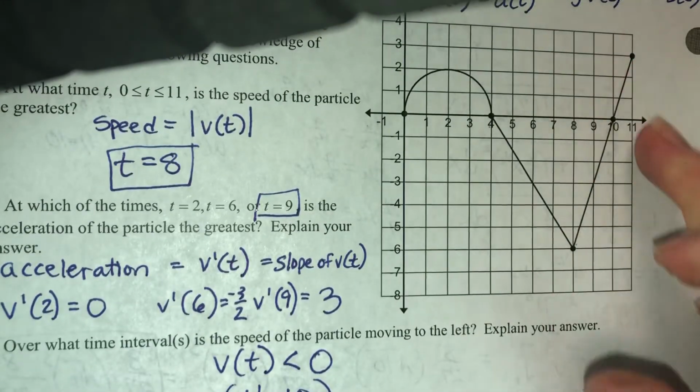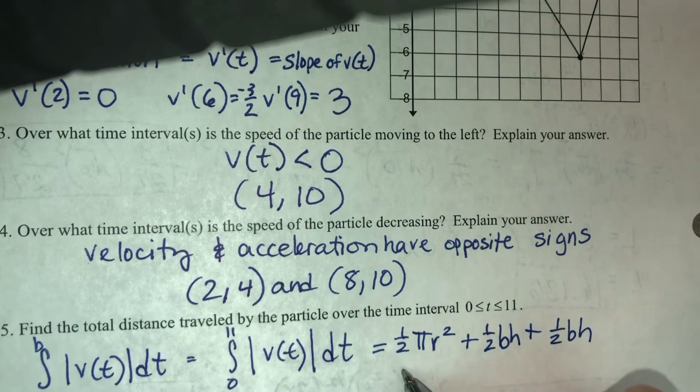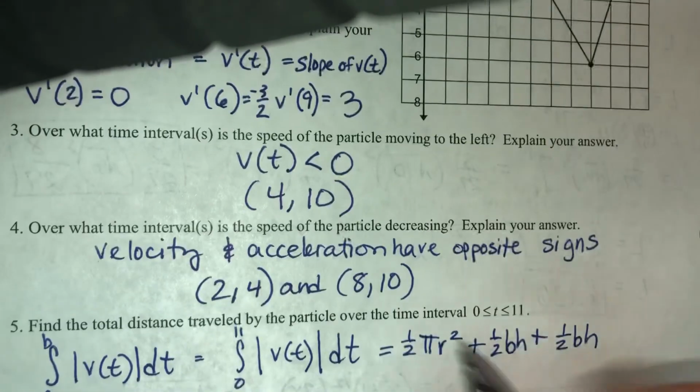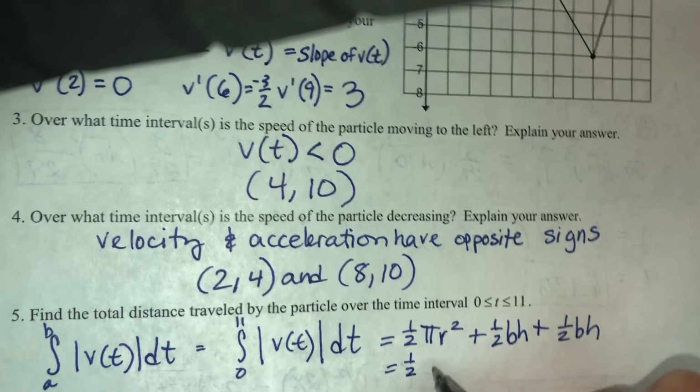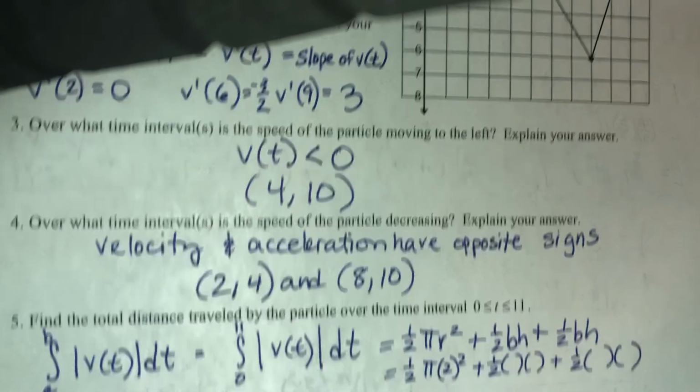And right here I have another tiny triangle, so that's going to be another 1/2 base times height. So the radius of this semicircle is 2, so we're going to have 1/2 pi times 2 squared. And now I need a base and a height for the big triangle and a base and a height for the little triangle.